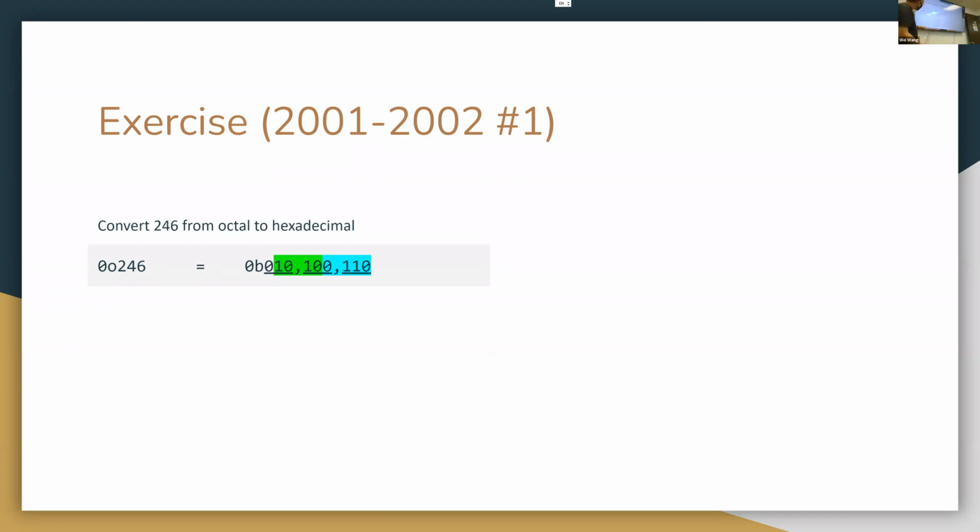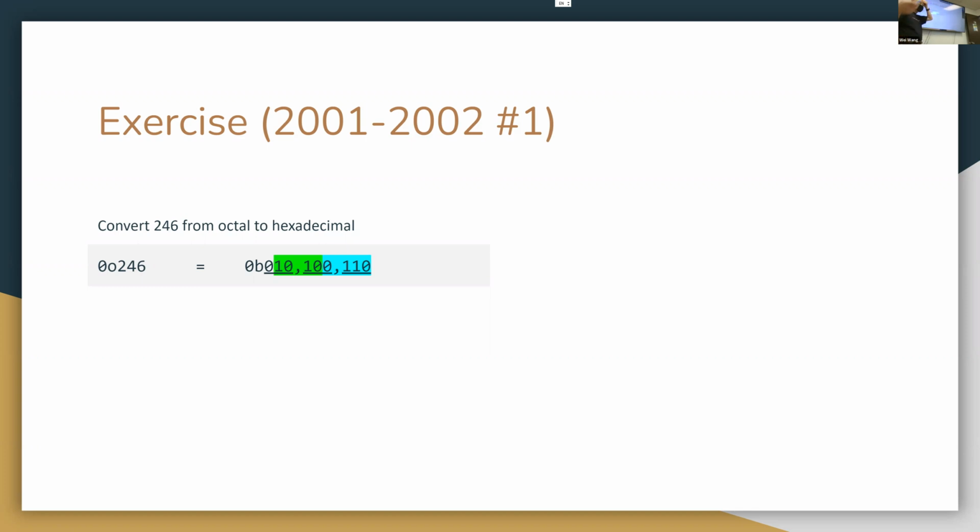Once you get that, 6 maps to 110. If you have that table, or if you remember in your head, you would know that 6 is 110, and 4 is 100, and then 2 is 010.